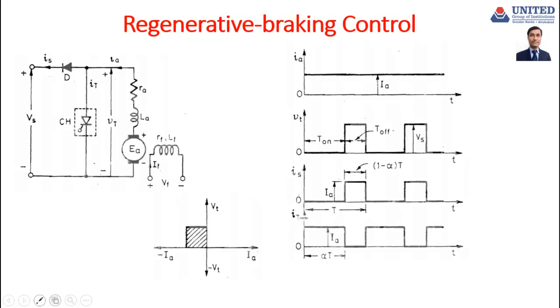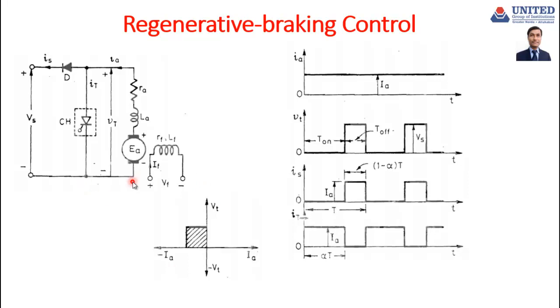But in case the load drives the motor at a speed such that the average value of motor back EMF exceeds the terminal voltage, then armature current becomes reversed and power is delivered to the DC bus. Then the motor is said to be working in regenerative braking mode.